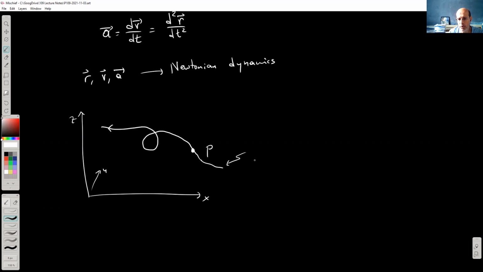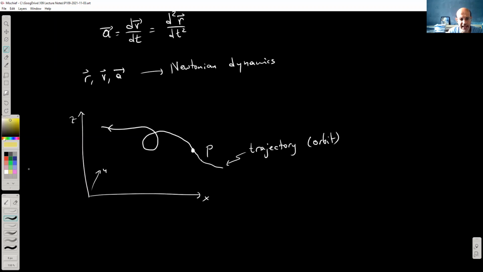This curve is called a trajectory. And sometimes an orbit, especially if this is periodic motion where the object comes back to the same point and passes with the same velocity. In periodic motion, it's also called an orbit, especially in planetary motion, of course.